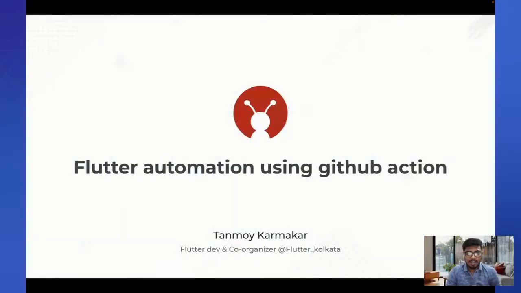Hello everyone. So today in this session we'll be talking about Flutter automation using GitHub Actions. To give you a little context, we have always been in this situation where we are working on a project and then we have to continuously give builds to the QA team or the client so that they can check and validate.